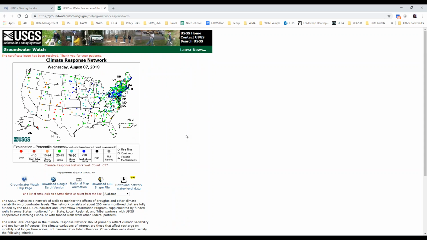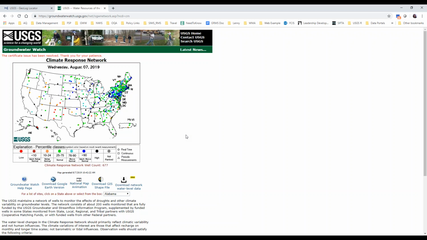We want to know what the water level conditions are that reflect climate change over time, and we want to select sites that are least impacted by human activity, not around irrigation or pumping, or a domestic well that's going to be pumped on and off. It's pretty much left alone and doesn't have a large anthropogenic signature.